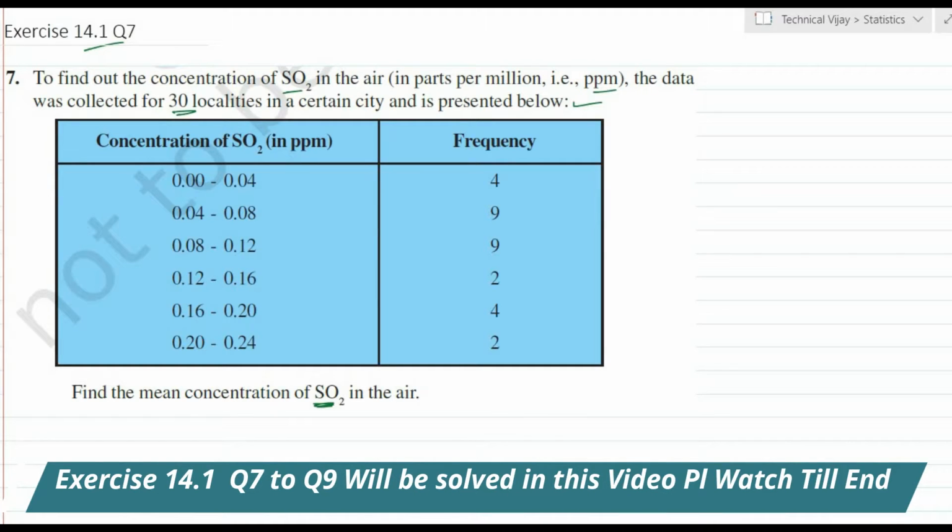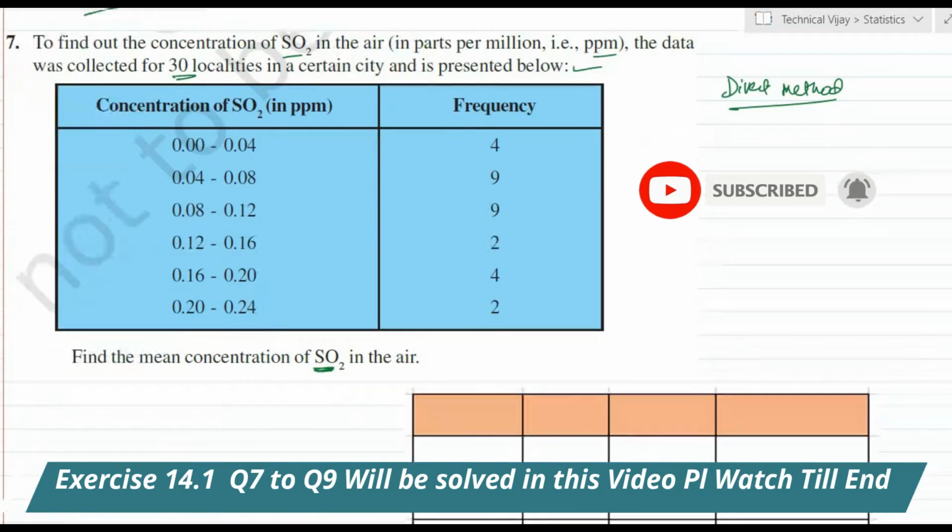See here, this multiplication may not involve big numericals, so we will go for the direct method. For that I will put a table here. This is the table I have put.